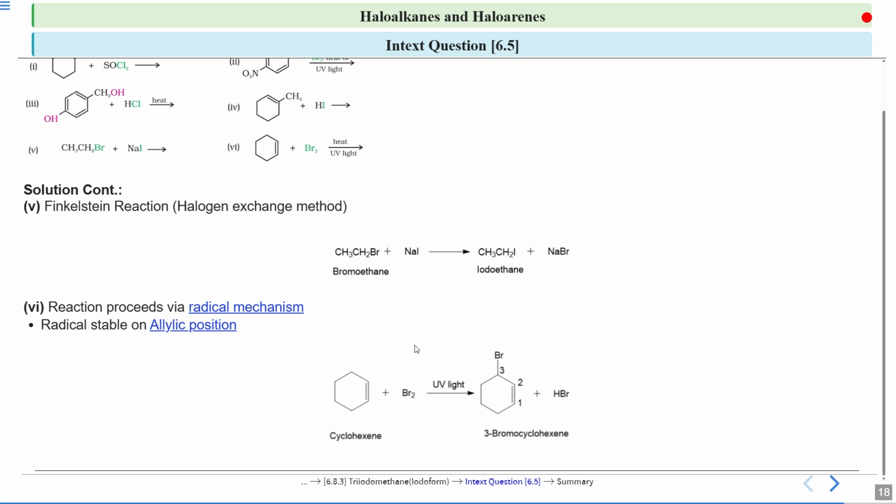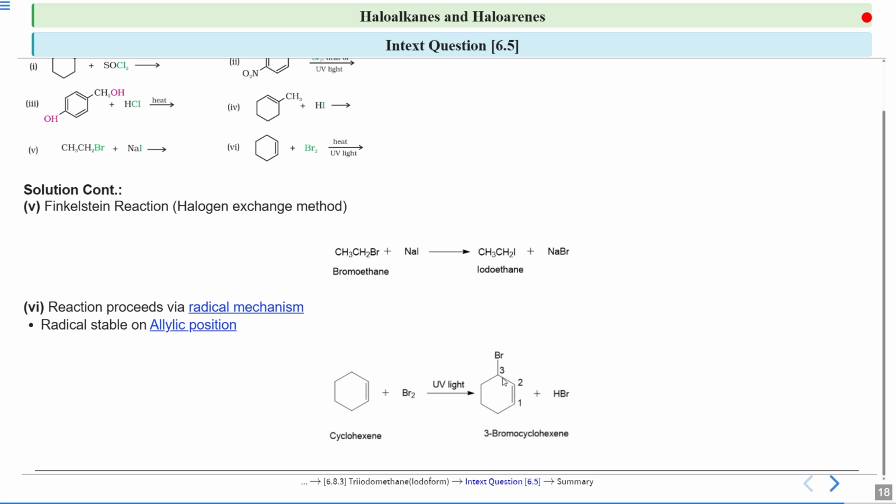That means it will attack the allylic position of the alkene, which is the position where there is an sp3 hybridized carbon bonded to an sp2 hybridized carbon. So you can see this third position, and you can also count from here 1, 2, 3, this position. They both can be counted as third if you start from here or here, right? If you start from this carbon 1, 2, 3, the lower numbering will be at the double bonded carbon.